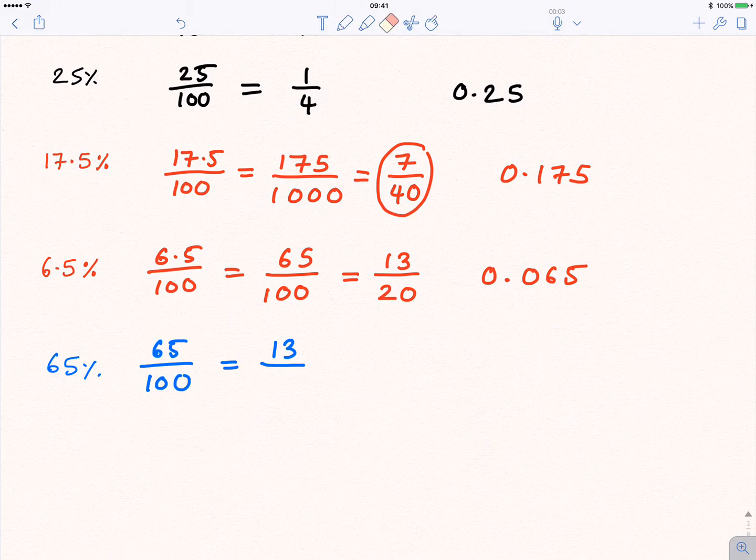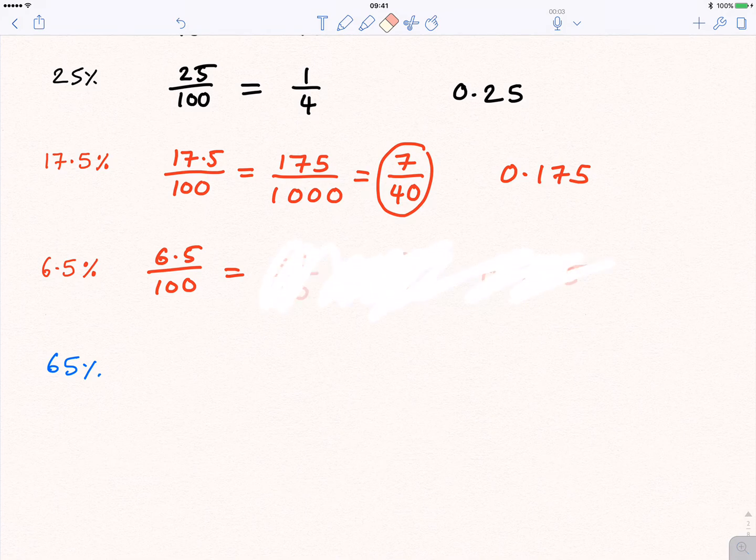Let's go back. We made a mistake here. If we multiply 6.5 by 10, we have 65, and 100 by 10, we have 1000. We need to be very careful here. So if we divide 65 by 5, we have 13.